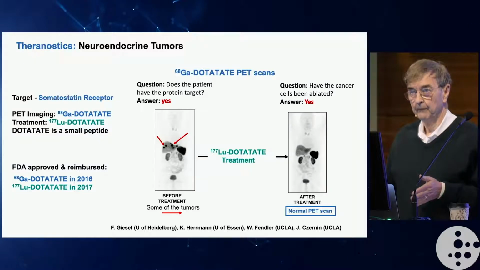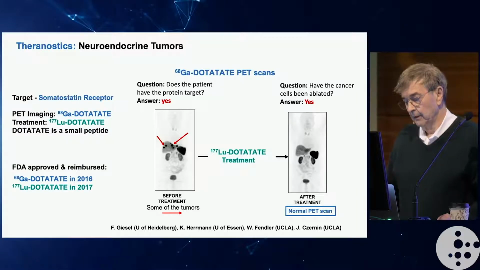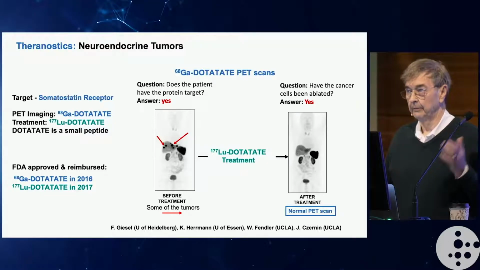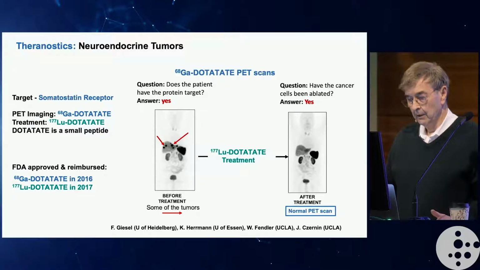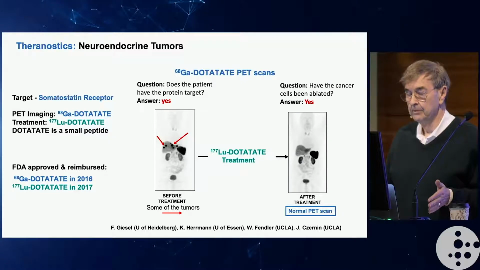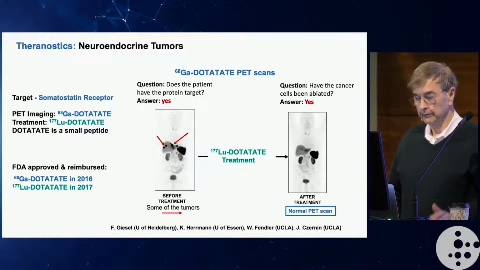They do that. But more importantly, they will phenotype the cancer cells throughout the entire body of the patient and determine whether the patient has the protein target for the therapy, treat them, and if they don't, don't treat them.